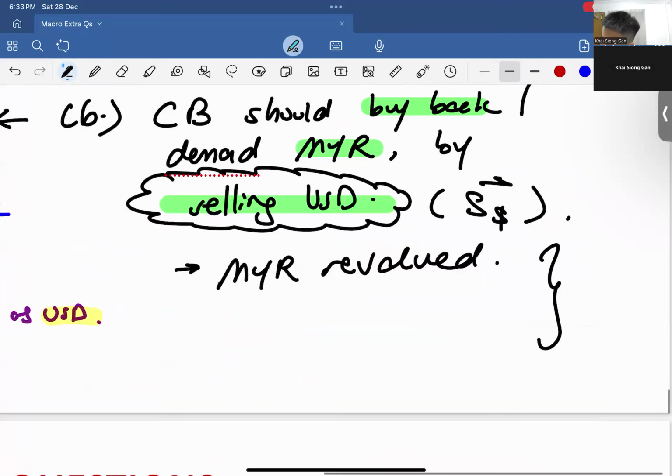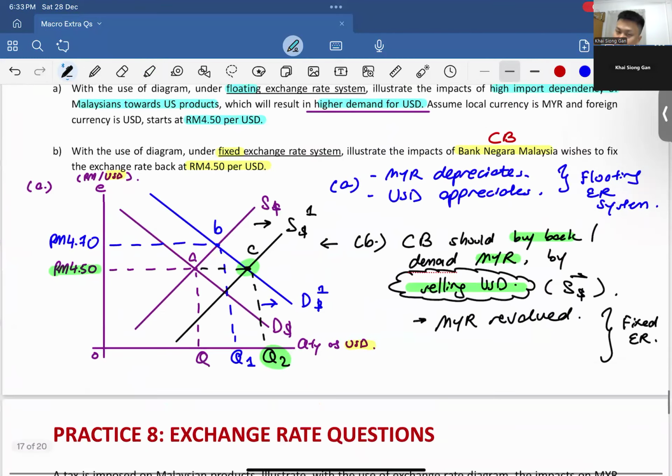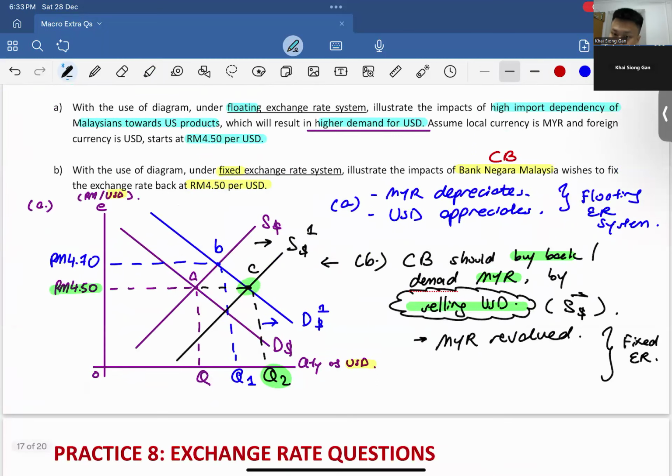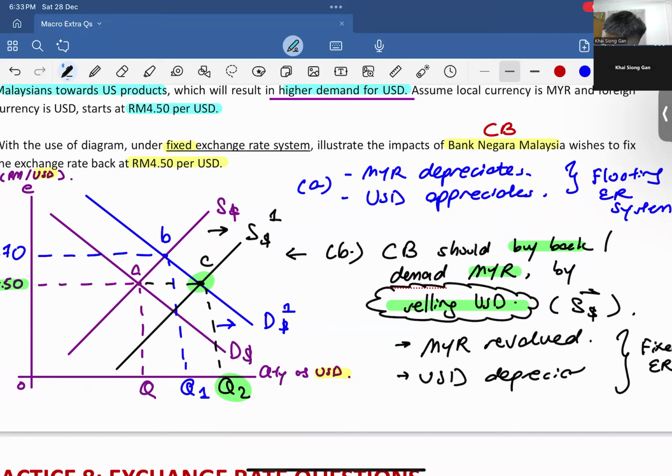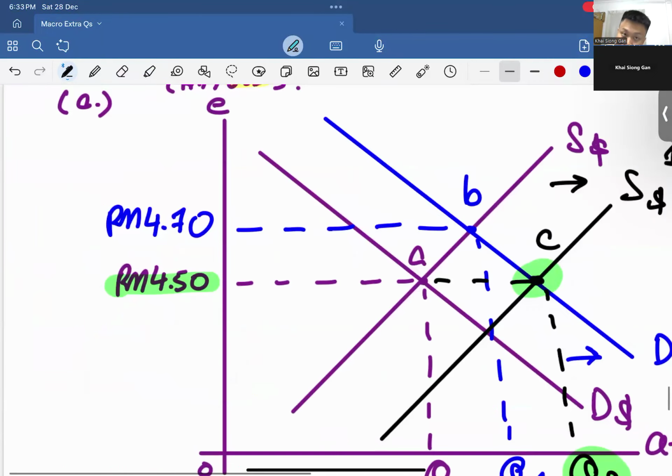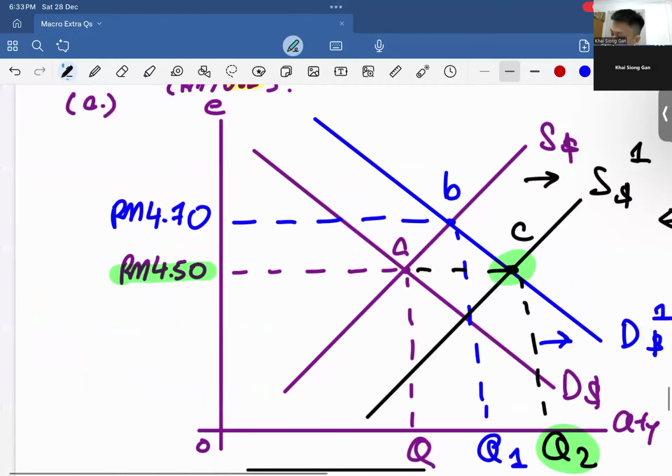So that means it involves government intervention. Remember, when we talk about intervention, we use revaluation and devaluation. And what about US dollars? US dollars depreciates here because their $1 can only buy back the same as previously, 4.50 ringgit.